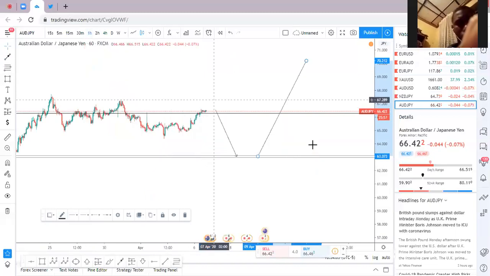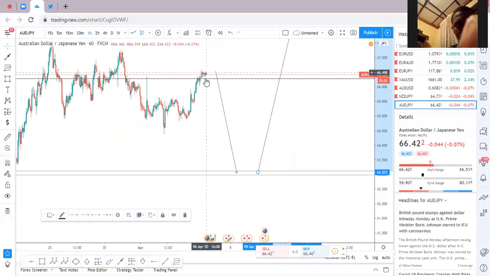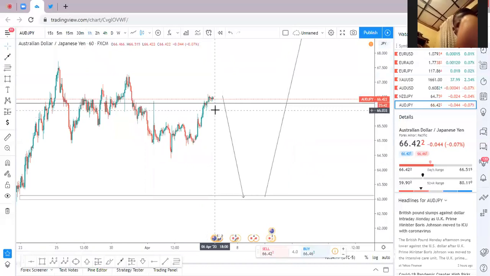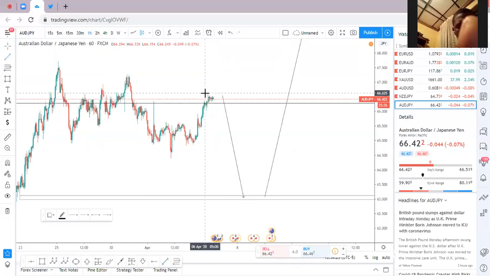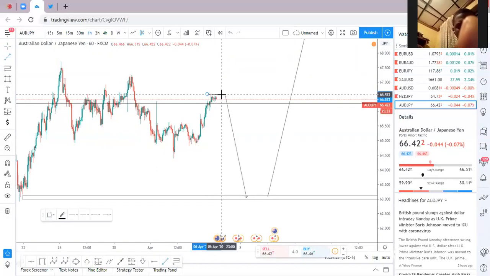So on the 1 hour time frame, market is consolidating above the resistance, which has turned to support, you can see. Both the sellers and the buyers are fighting for who takes control of the market. So it's actually simple here.